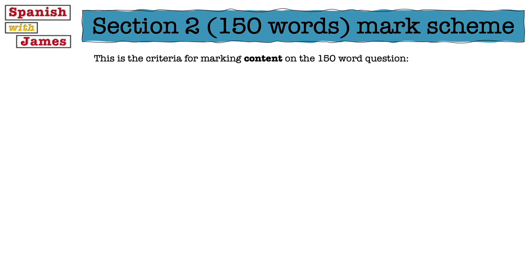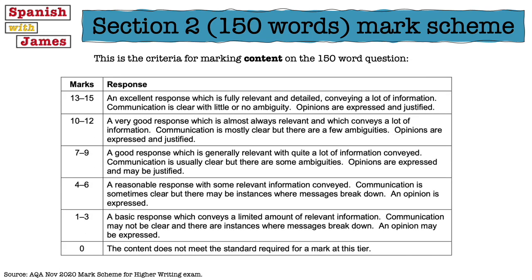So for content, the criteria looks really, really similar with just some subtle differences. So obviously it's worth 15 for content instead of 10 like the last one. An excellent response which is fully relevant and detailed, so it's always on topic, it's relevant to one or both of the bullet points. Detailed, that's where you're giving all those extra details like we looked at with the pyramid. You're conveying a lot of information.